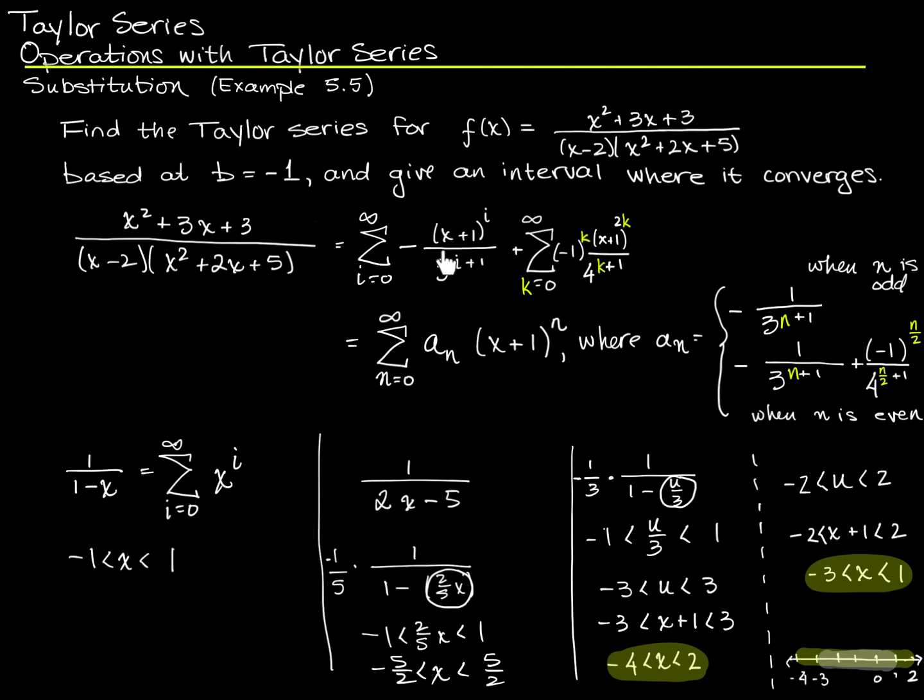The restrictions that we place on the overall sum have to restrict both terms as much as possible. In other words, if the smallest interval of convergence is -3 to 1, then that is the interval of convergence for the entire series.